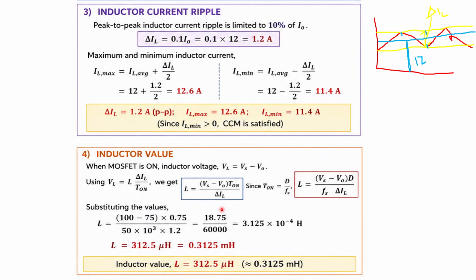On solving this, you will get 3.125 into 10 raised to minus 4 Henry, or this can be written as 312.5 microhenry. So this is the value of inductor that you have to use in this circuit for getting 75 volt as the output voltage.